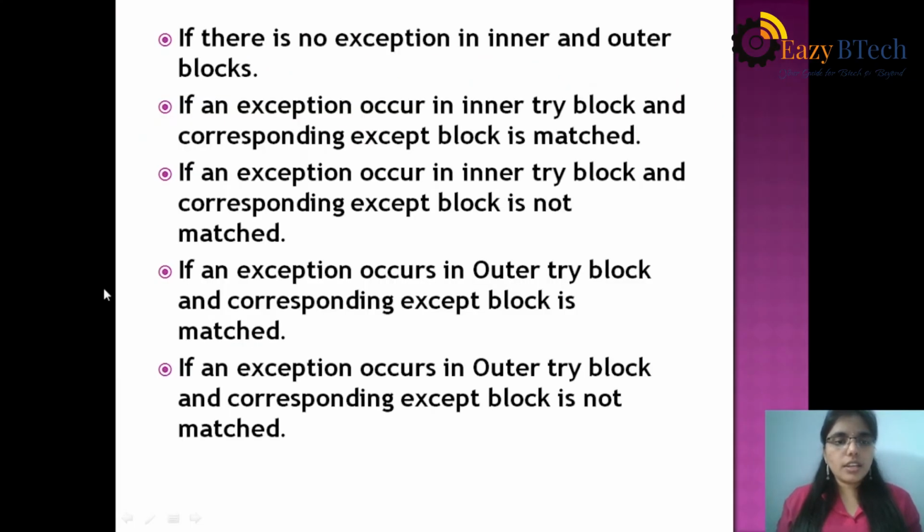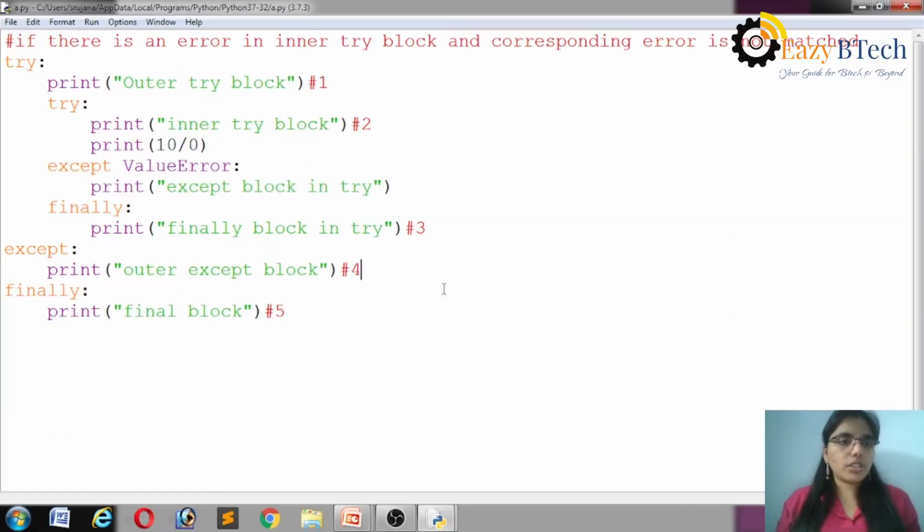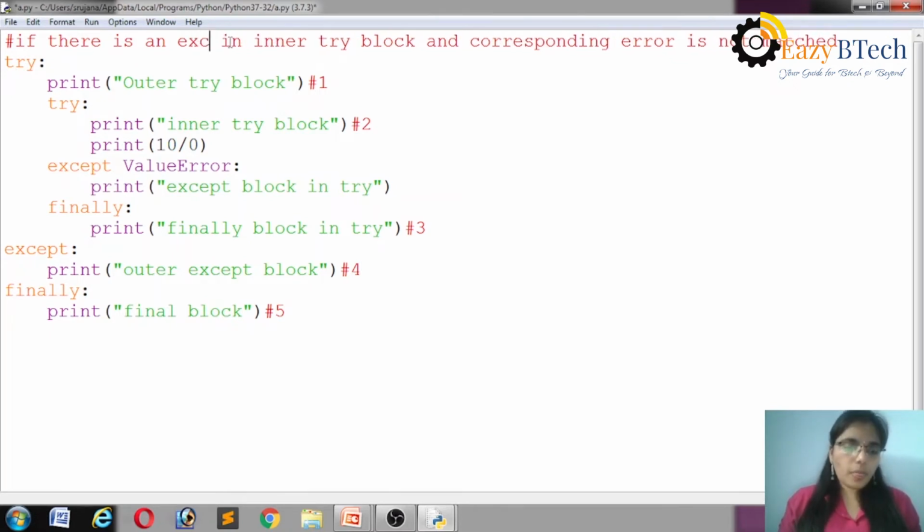Okay. Let's see the next example. If an exception occurs in the outer try block and the corresponding except block is matched, means 10 by 0 is in the outer block.